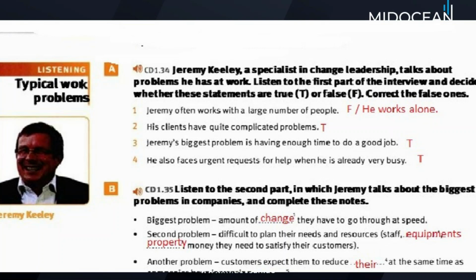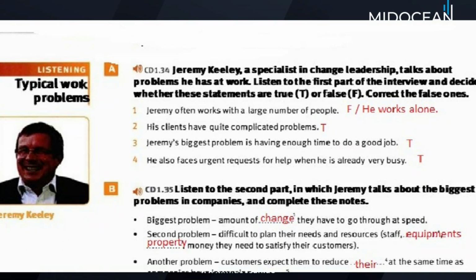What are the biggest problems in companies you know? Most of the companies I work with are big international companies facing complicated situations. Probably the biggest problem they face is the amount of change they have to go through all the time. And they have to go through that change fast, at speed.